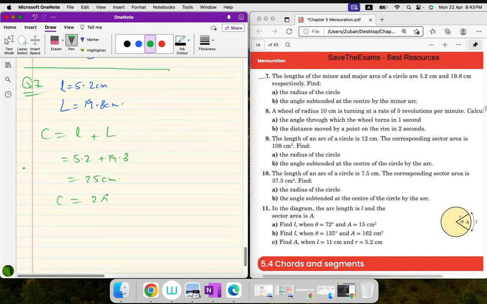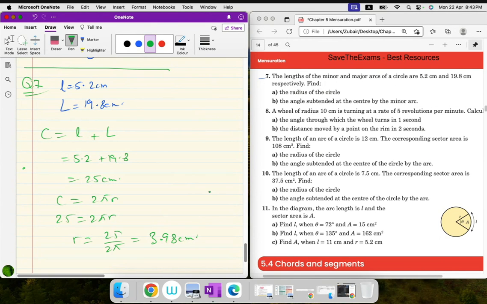Circumference is equal to 2 pi r, so 25 is equal to 2 pi r. So radius is equal to 25 by 2 pi in exact form, or 3.98 centimeters.